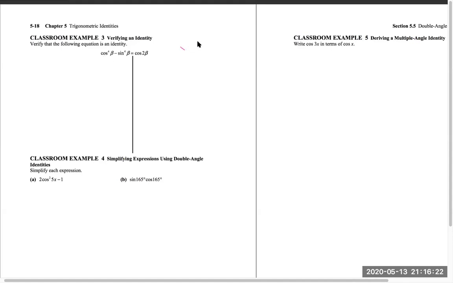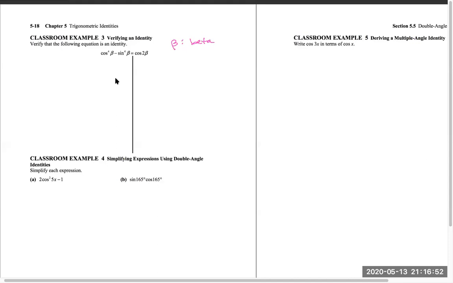So this symbol here is a beta, lowercase Greek letter. Cosine to the 4th beta minus sine to the 4th beta equals cosine 2 beta. So we're going to show that the left side and right side simplified to a third expression. So working both sides of this particular problem.